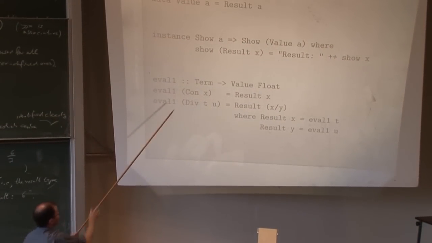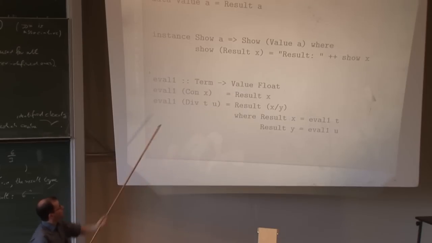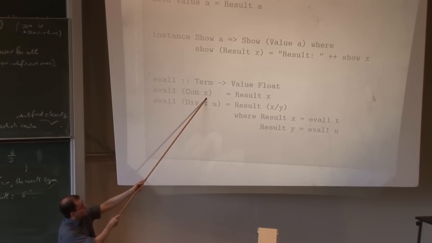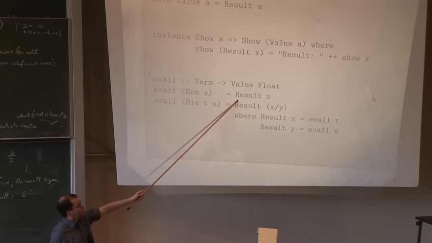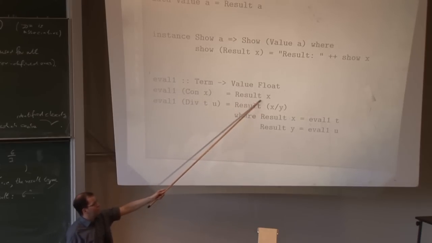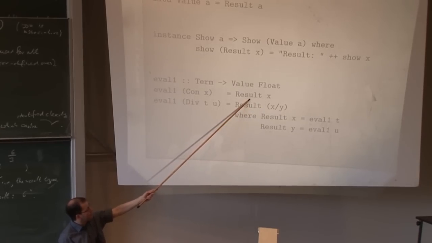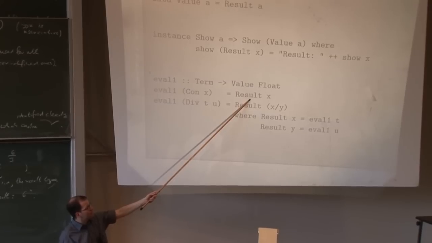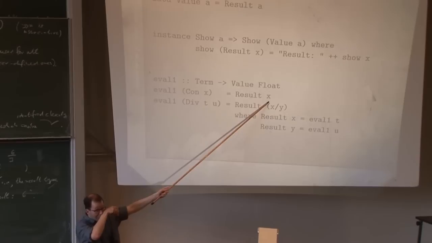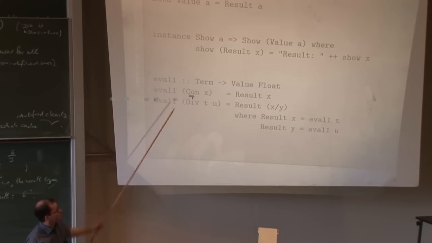So how can we convert terms into value objects? A term which represents a constant, so con x, would be converted into this object, result x. So con is replaced by result, that's all. And now if we then print it on the screen, we would have result, colon, and then the value of this constant.